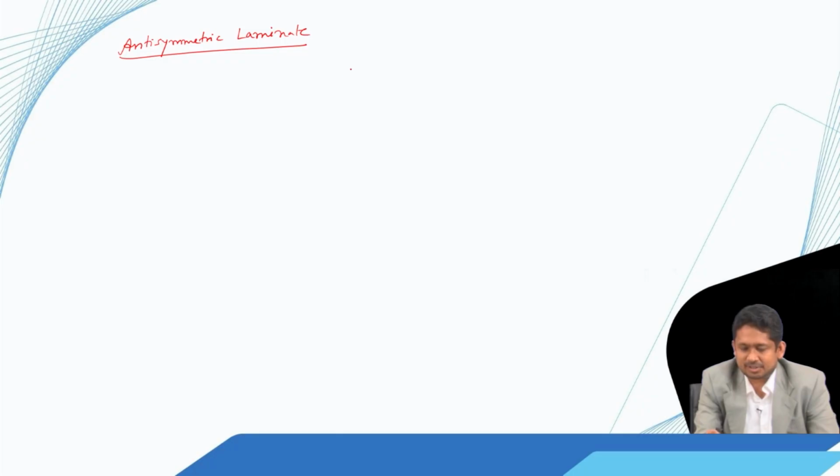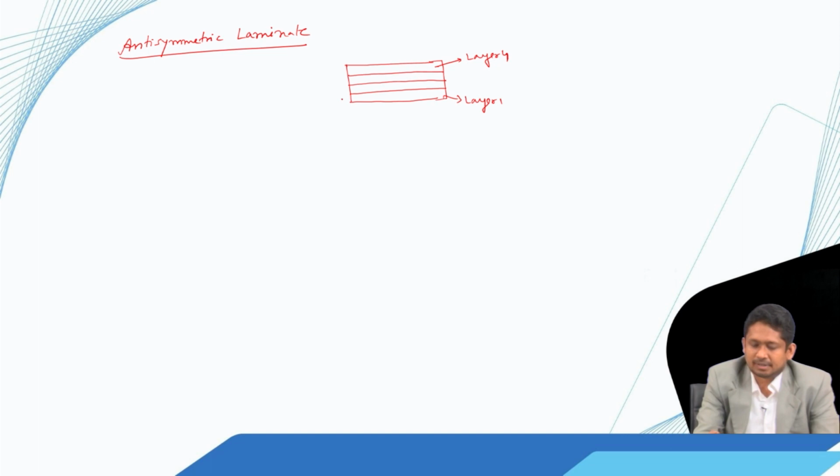So, again let us think of a composite laminate, and just for simplicity we will show only one side of it, we will not draw a 3D view, and let us assume that it has total 4 layers, and let us suppose the angle is 30 degree here, then here the angle is suppose 45 degree, then here we have minus 45 degree, and then suppose we have minus 30 degree here.